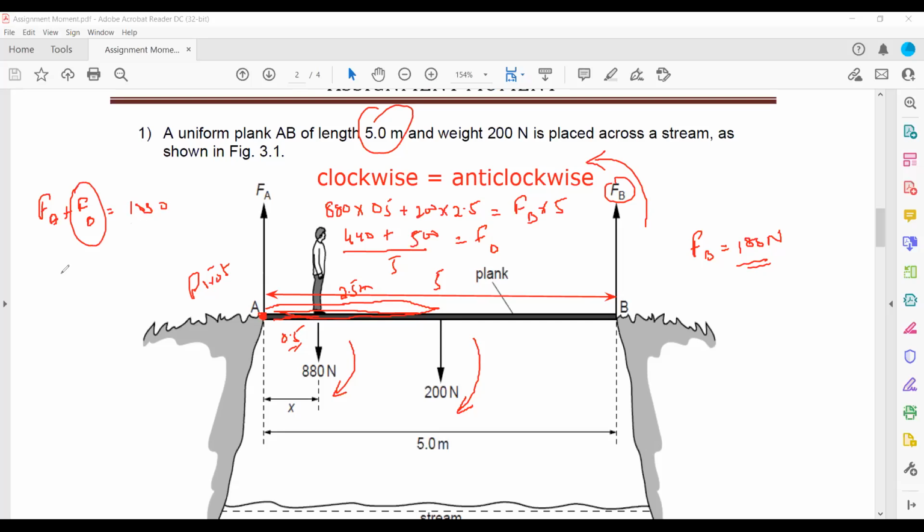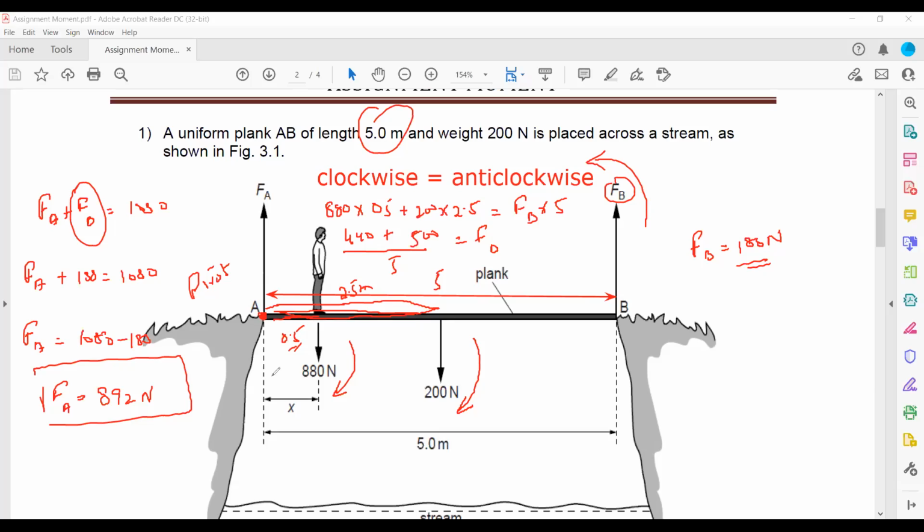So we know FB, so FA plus this 188 is equal to 1080. So FA is equal to 1080 minus 188. So 1080 minus 188 is equal to 892 newtons. That will be FA.